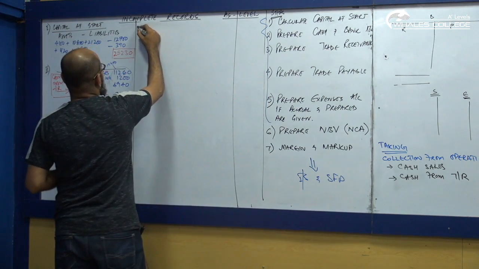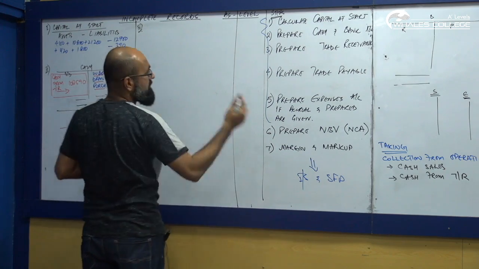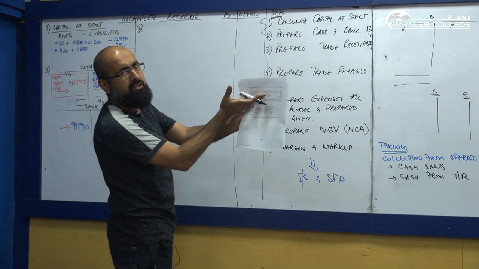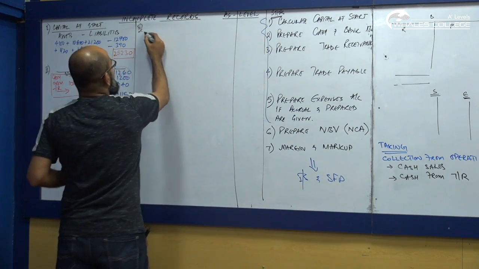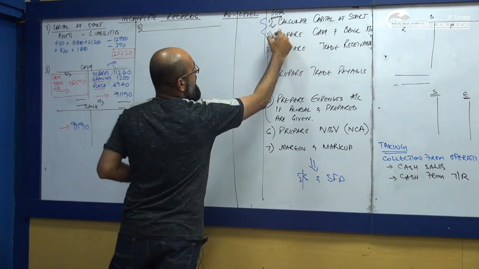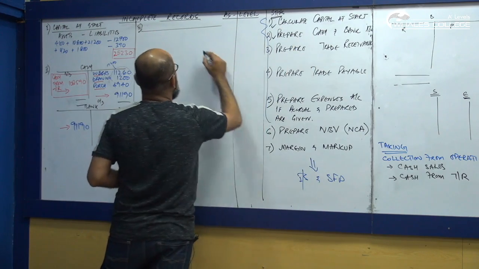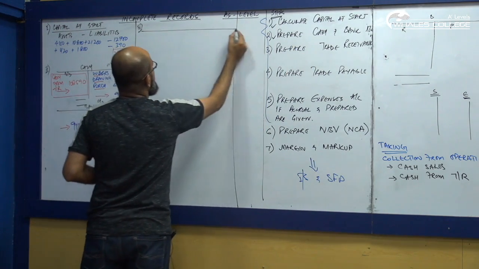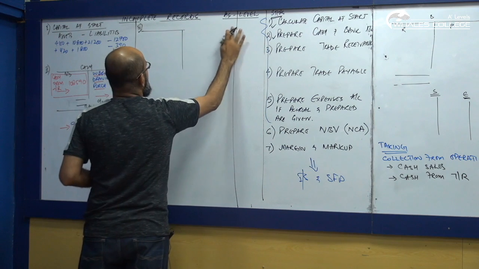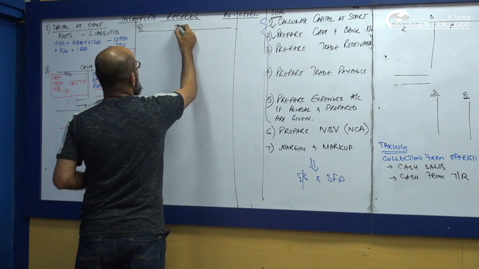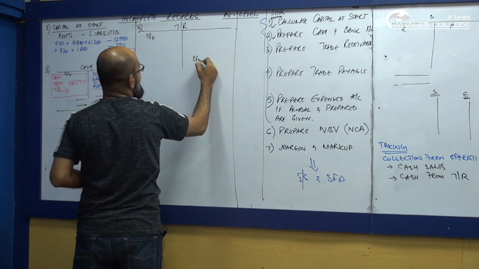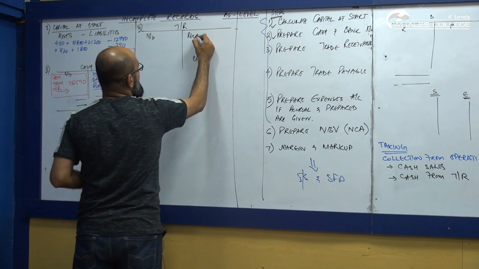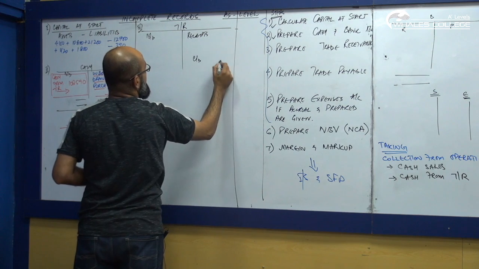Now step number 3. There is no need of the bank account. Of course, the bank account is already prepared in the question. There is no need to make the bank account. So step number 3, we did 1, 2. Now the third one is trade receivable. Trade receivables are generally prepared for credit sales. Brought down balance, carried down, amount received.